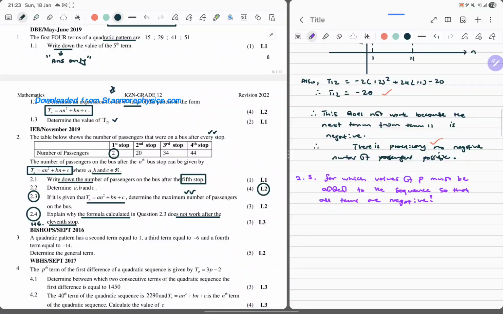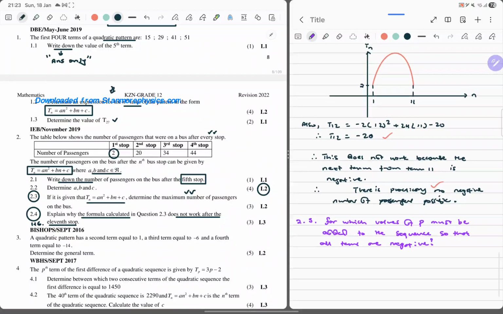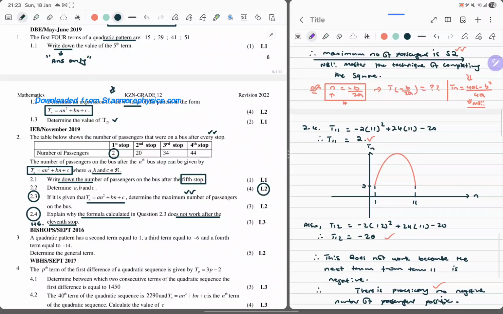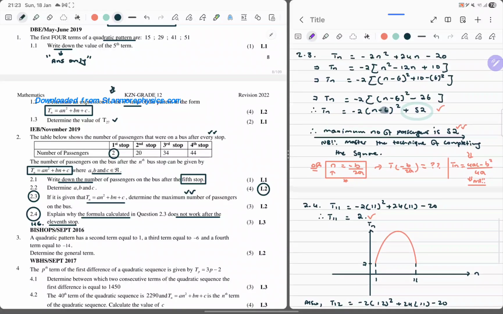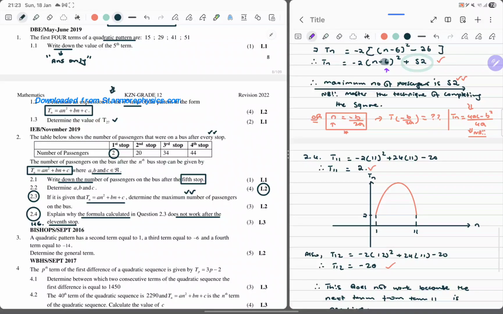Right, so we are good here. Okay guys, so we realized that the maximum term here was term number 6, isn't it? So we know that term number 6, because the turning point doesn't exist, there we had term 6.